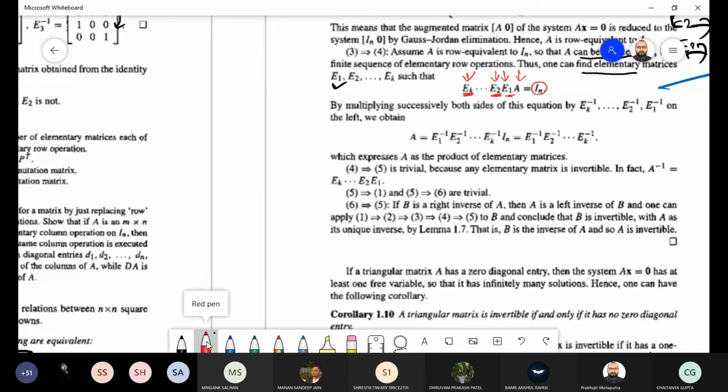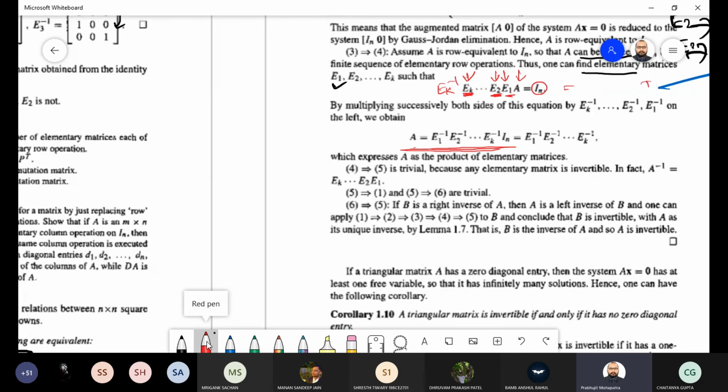The condition is that the matrix should have a unique solution and there is no zero row. Then we will get the identity matrix. Now you understood this expression. How are we going to get it? You multiply Ek inverse on the left hand side.